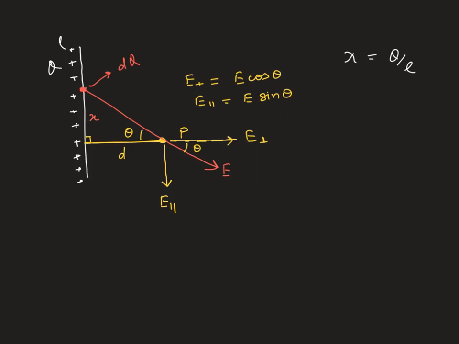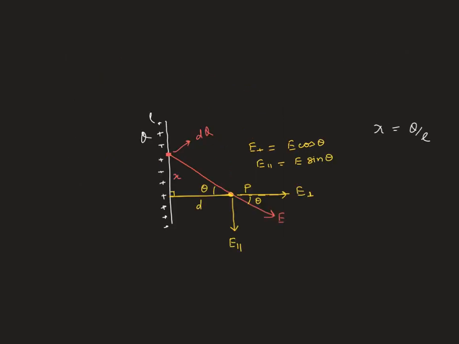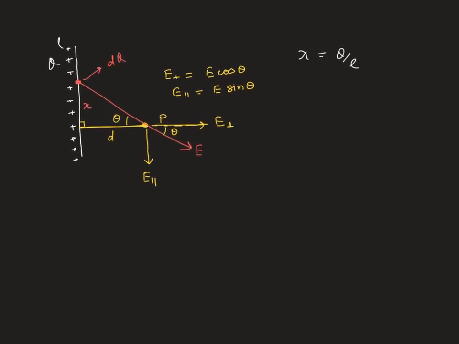Now, what is E equal to? We know that E is the field due to this charge, a point charge, and the field due to any point charge is k dq upon r squared, where r is obviously the distance. Now, what is the value of r?